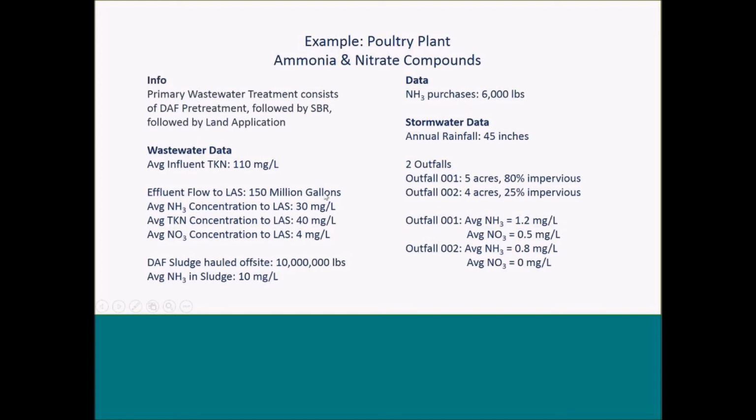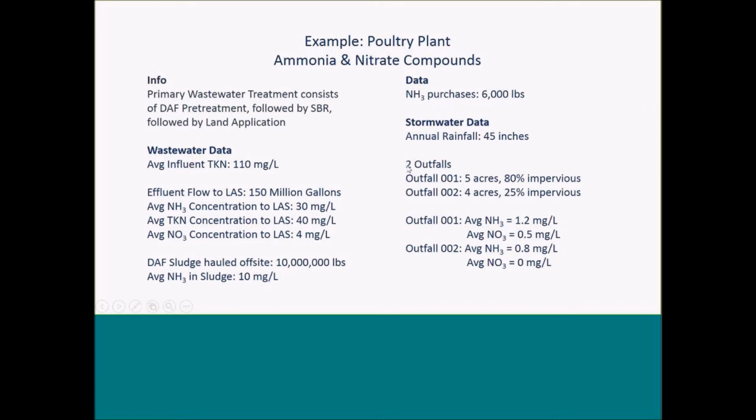Let's say it's 150 million gallons, and I know what's being land applied as far as nitrogen concentrations: nitrate, TKN, ammonia. Also, my example assumes that all the DAF sludge, or the DAF skimmings, is hauled off site. I know that quantity. Other information I need to know is my ammonia purchases for the year. In my example, I have 6,000 pounds.